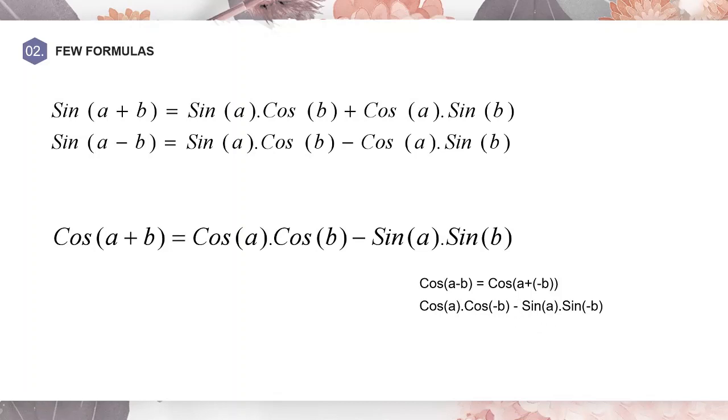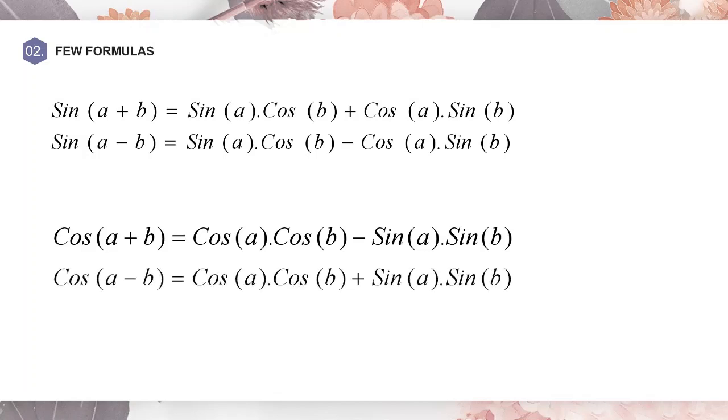Therefore the formula will become, tada, cos of a minus b is equal to cos a cos b plus sin a sin b. So these are a few formulas which you guys need to study now. Remember, these are very basic formulas. With these formulas we can derive many other things, so please study these formulas.